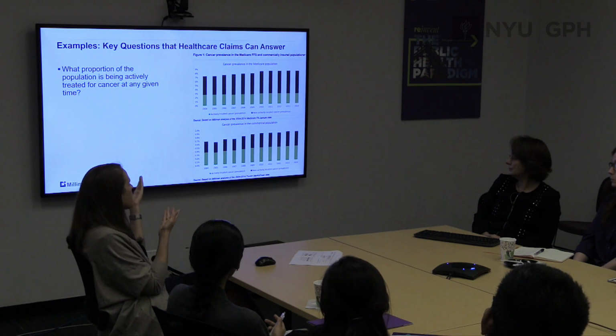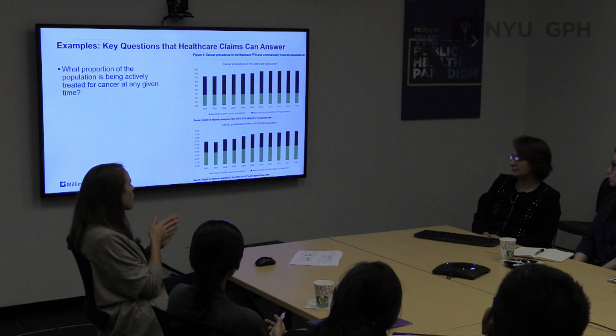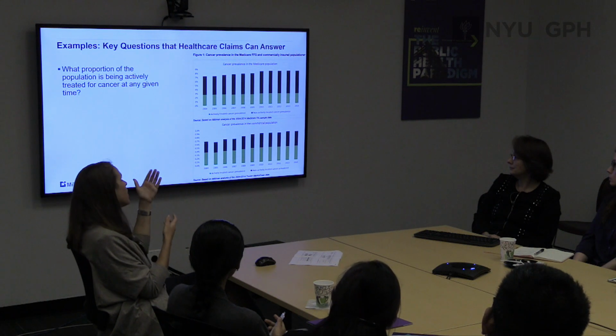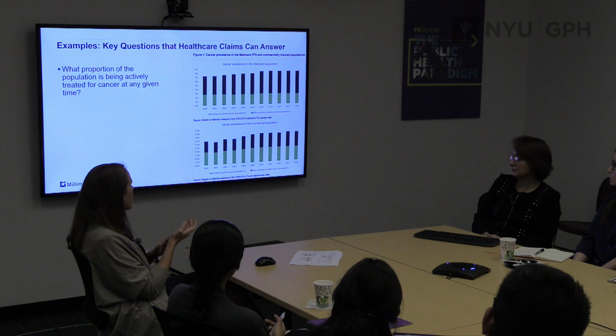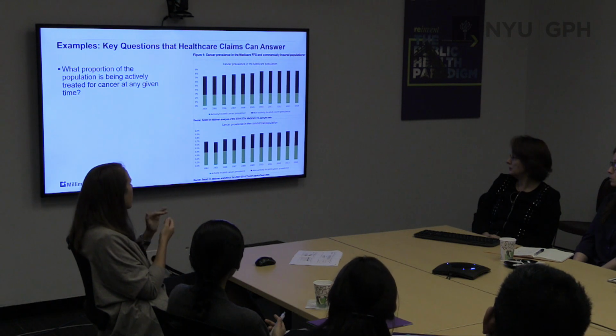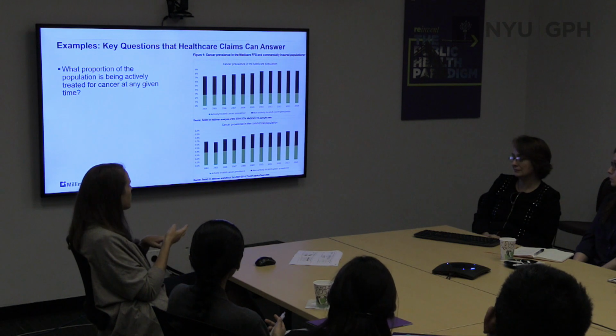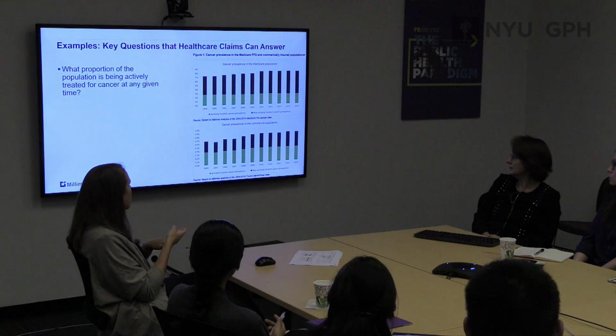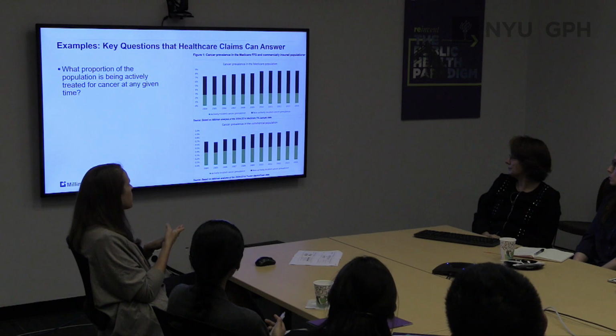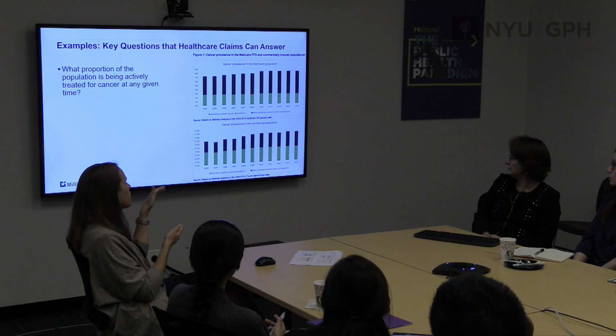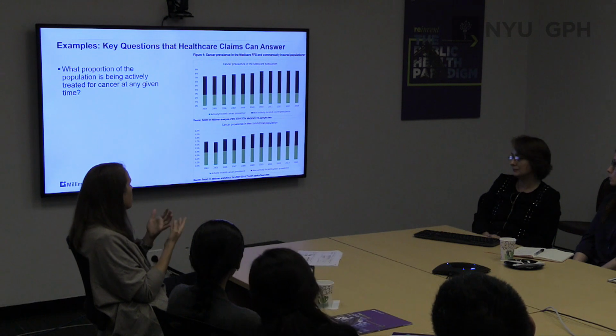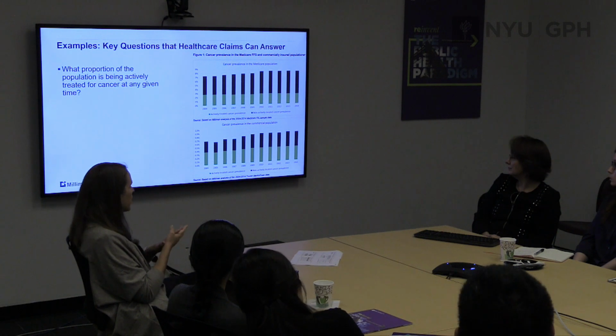And so what you can see here, over time from 2004 to 2014, is an increase in the percentage of people in the population who have cancer, but the amount that are being actively treated for cancer at any given time has gone up less. So if you look at the top, in the Medicare population, the percentage actively being treated for cancer, which is the green, has hovered below 3% for that entire time period.